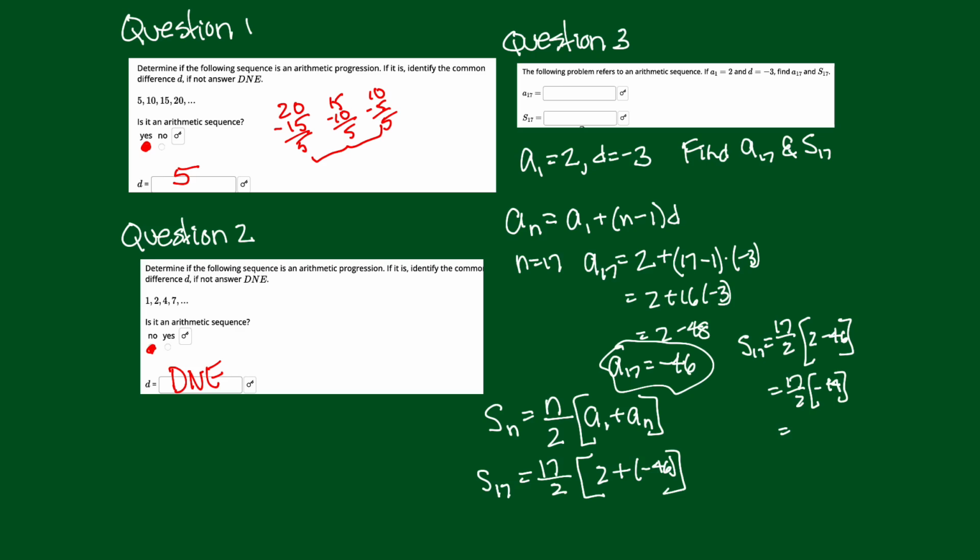Well, 2 will go into 44 22 times, so it's going to be 17 times negative 22. That's a calculator problem. So S sub 17 is equal to negative 374. All right, so I'll write those up here. a sub 17, the 17th term, was negative 46, and the sum is negative 374.